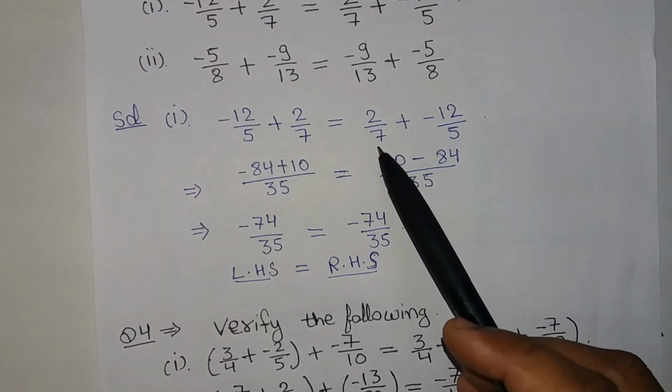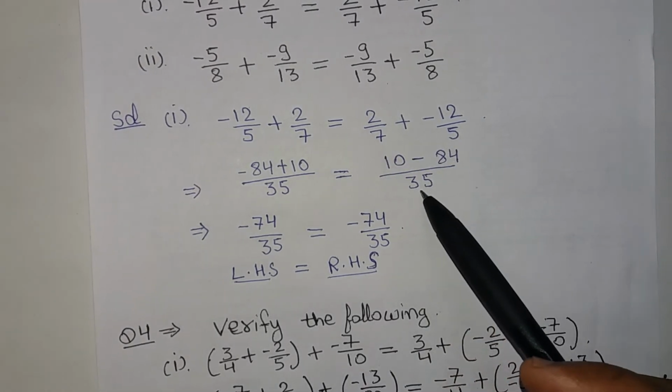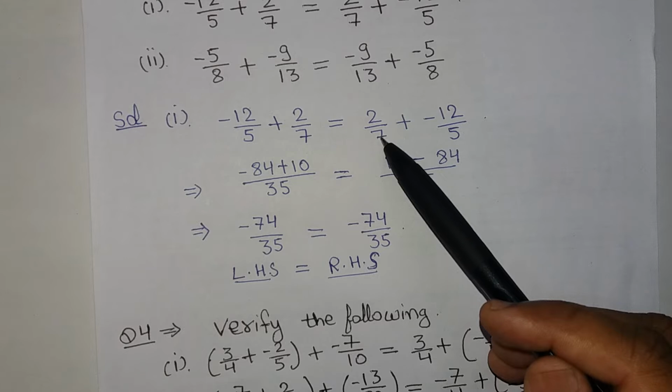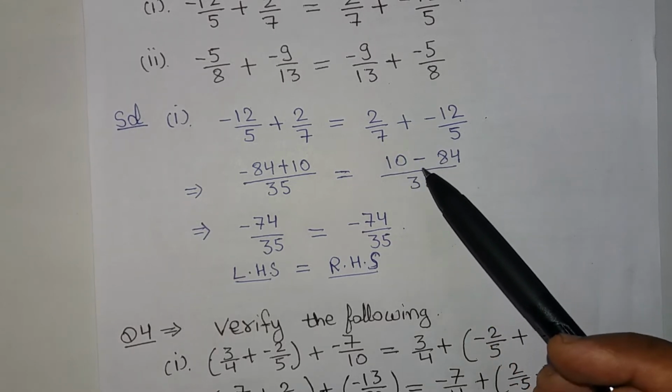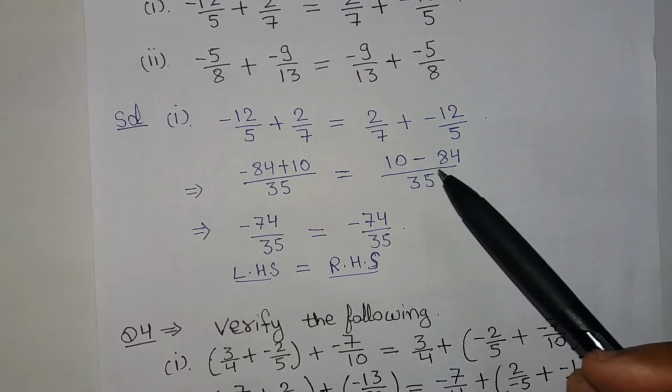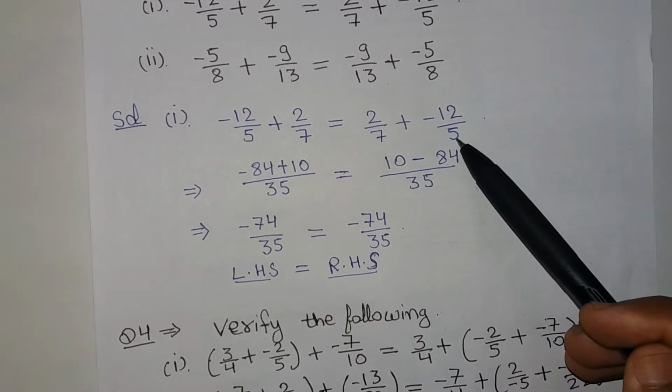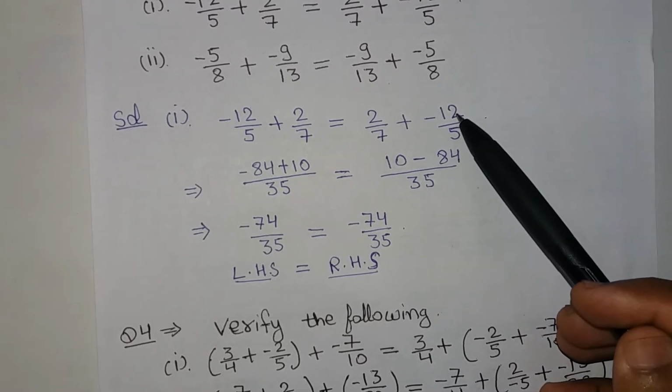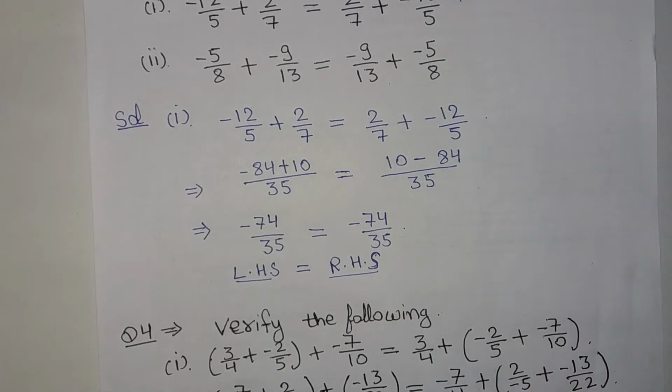Here also, taking LCM of 7 and 5, it will be 35. So 35 divided by 7 will be 5. 5 into 2 is 10. Plus minus will be minus. 35 divided by 5 will be 7. 7 into 12 will be 84.